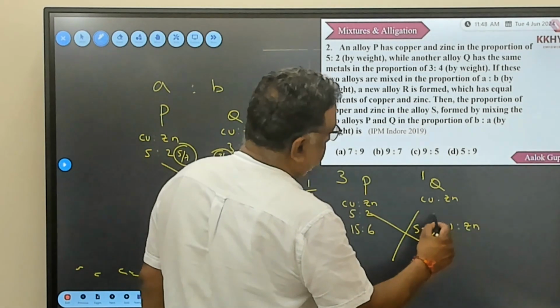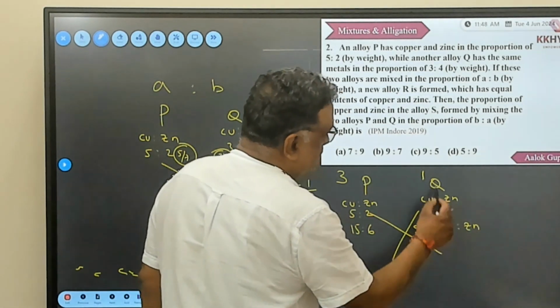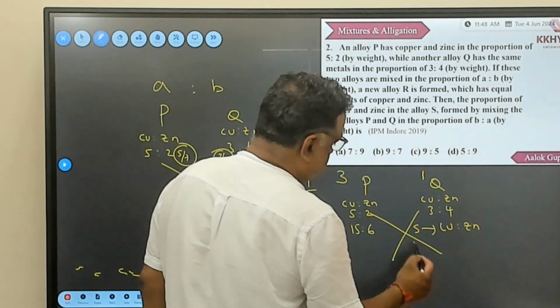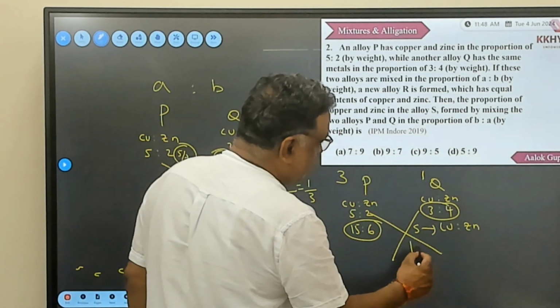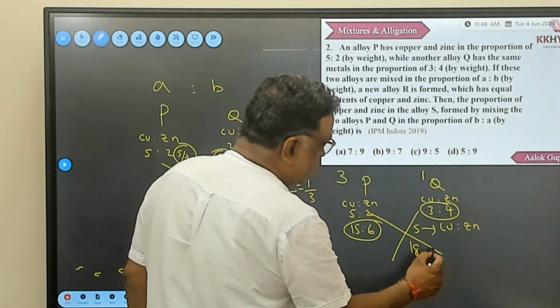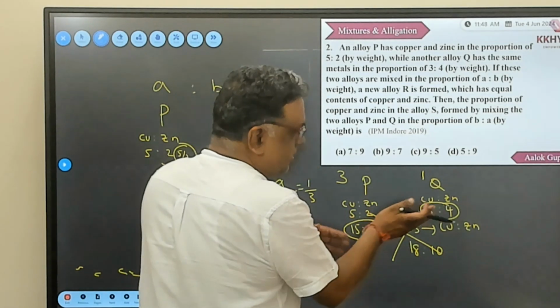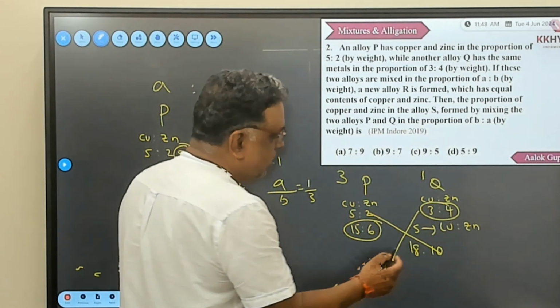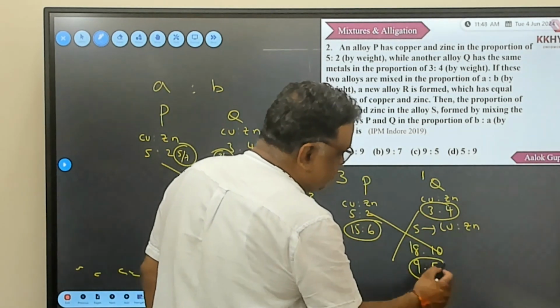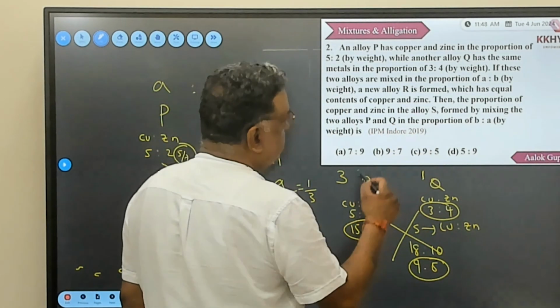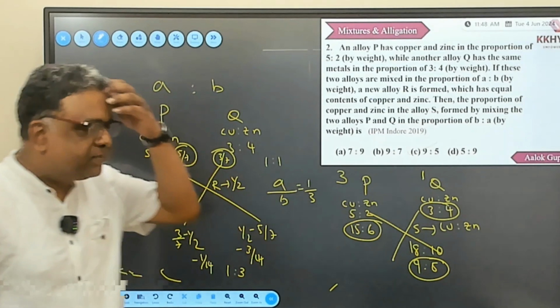Here it was 3:4, so 1 part will still have 3:4 only. When we are mixing, the ratio would be 15 plus 3, 18, and 6 plus 4, 10, because now I'm mixing them in the ratio which I've been told. So 18:10, which means 9:5. So the proportion of copper and zinc in S would be 9:5. Correct?